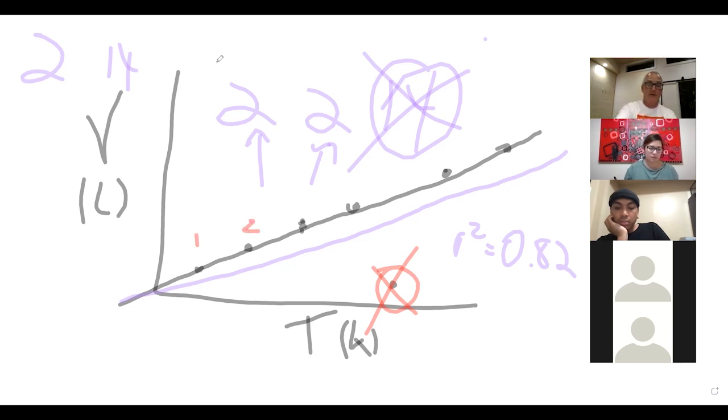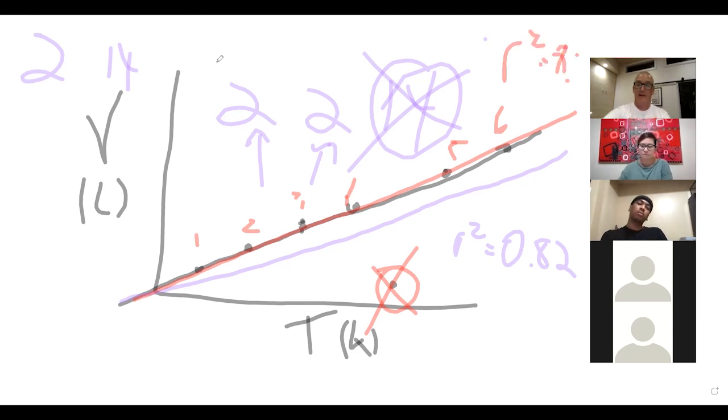I've got 1, 2, 3, 4, 5, 6 other experiments I've done, and those all agree perfectly. So now when I do my linear fit, it's perfect. And now my R squared is probably something like 0.98 or something. It's really, really good.